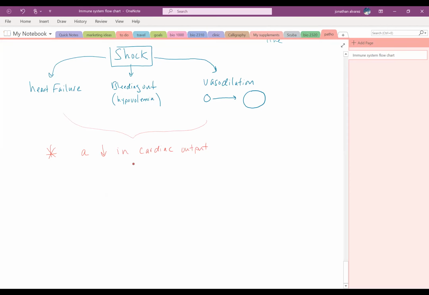Now what happens with that is you're going to get a decrease in oxygen to the cells, to tissue, and to organs.